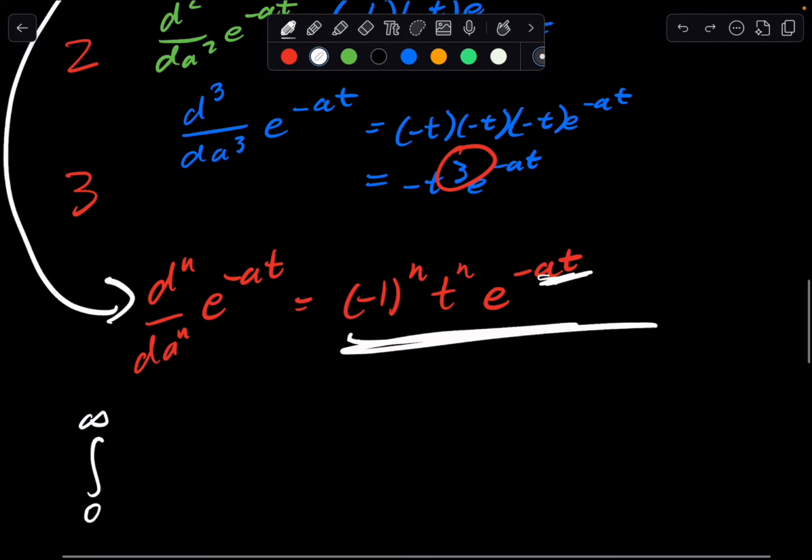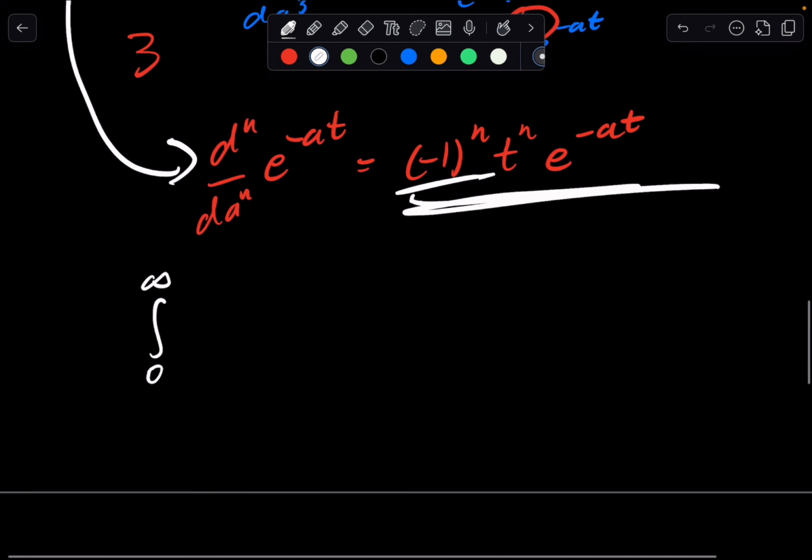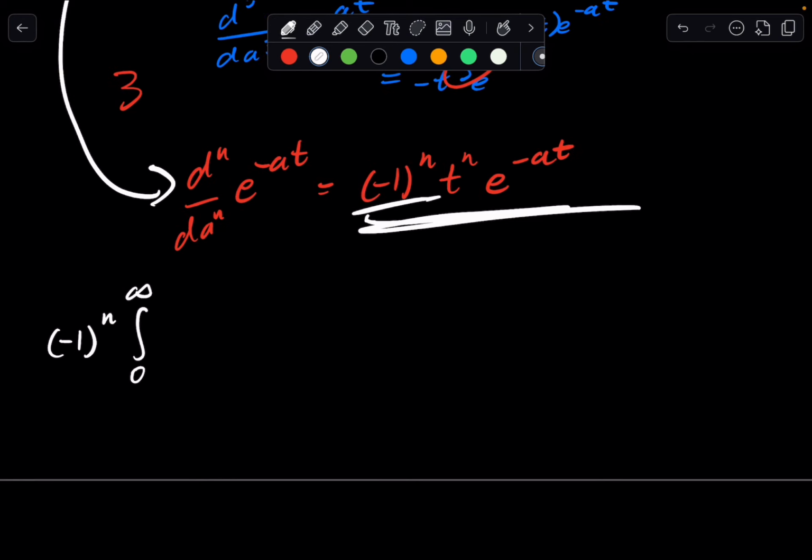And since there's a t here, we can't just pull it out from here either. Now, negative 1 to the n is just a constant, so we can pull this out right here. Negative 1 to the n, just like that, with n being the nth derivative. And then we have t to the n, with n being just some independent value.